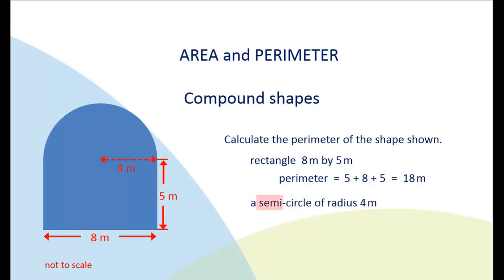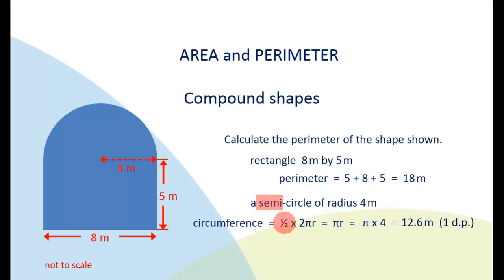Now the circumference of a circle is 2 pi r. So the circumference of a semicircle is a half times 2 pi r. Now half times 2 is 1, so that means the circumference of a semicircle is pi r. We know pi, the radius is 4, that's what that comes out to be.